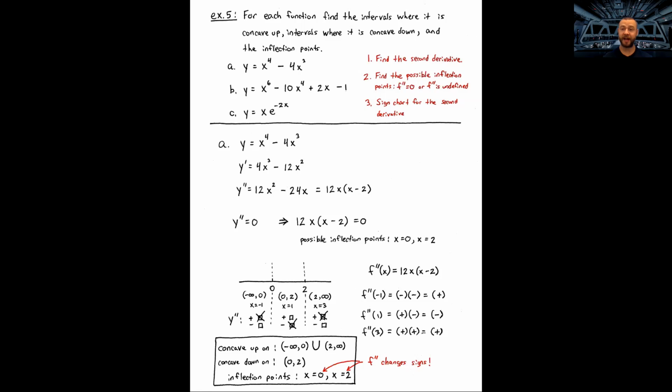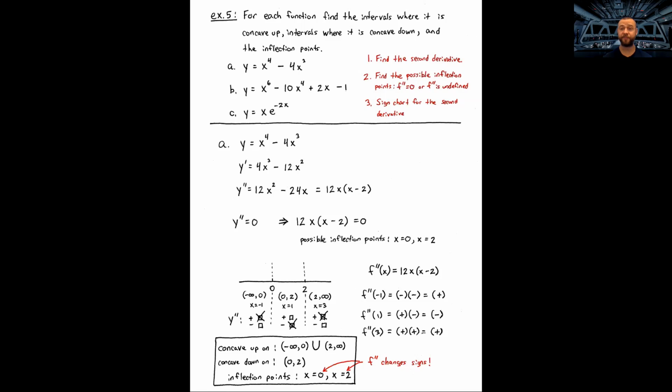Now, if you take a look at your sign chart, notice at x equals 0, the concavity changes from concave up to concave down. You can see it in your sign chart. The second derivative is positive, and then the second derivative is negative. So there's a sign change in the second derivative at x equals 0, and the same thing happens at x equals 2.